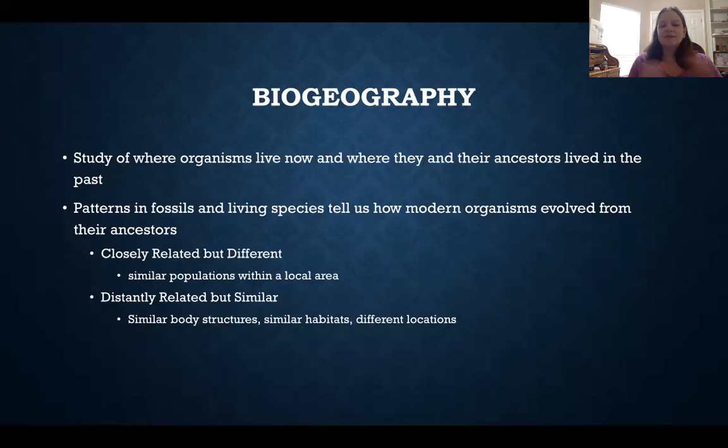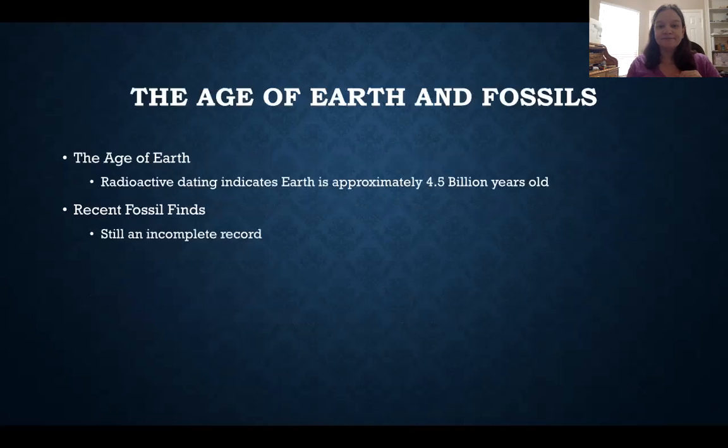So this is organisms that live in different locations but inhabit similar habitats. Okay, or have similar body structures that would allow them to have those similar habitats or similar jobs within their ecosystem.